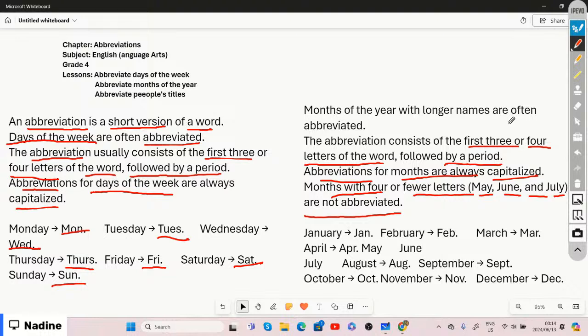So which means that if we abbreviate January, then it will be Jan. And do not forget your period. So Jan and a period. And then we have February, which is going to be Feb.